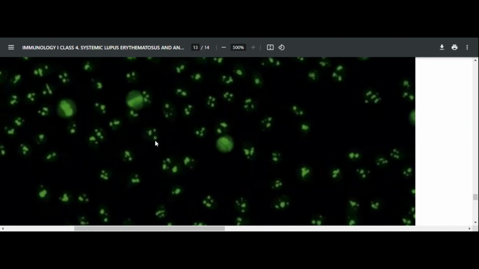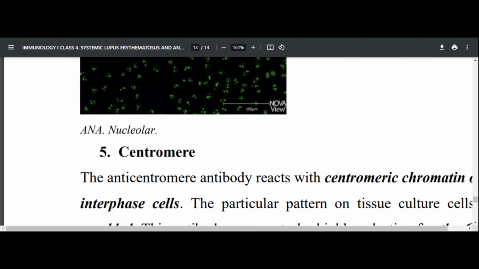For example here, you can see 2 dots, 3 dots, 1 dot, 2 dots per nucleus. It is not like speckled, because in speckled the entire nucleus is staining, but the nucleoli are not stained. So speckled shows almost homogeneous staining, but with some unstained dots which are the nucleoli.